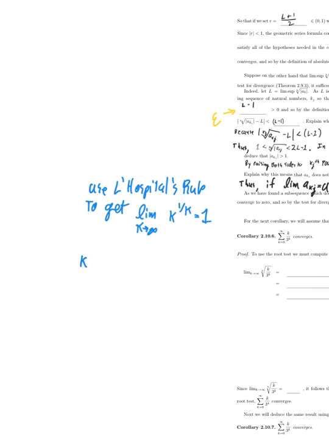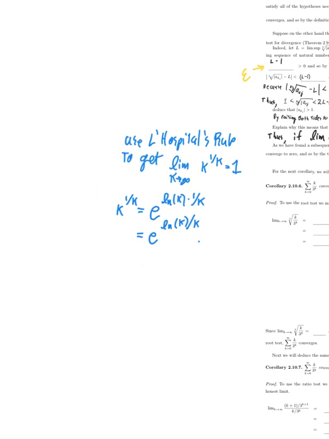Let's just expand out k to the 1 over k. That's the same thing as e to the natural log of k times 1 over k, which is the same thing as e to the ln of k divided by k, as ln of k goes to infinity and k goes to infinity as k goes to infinity.